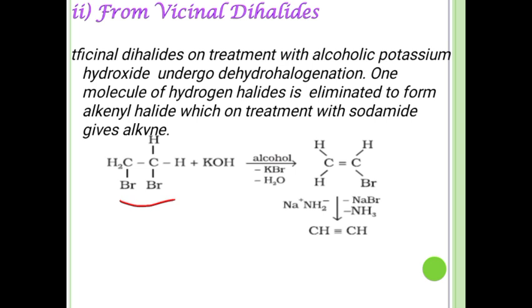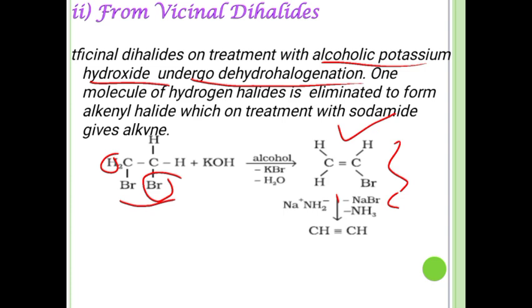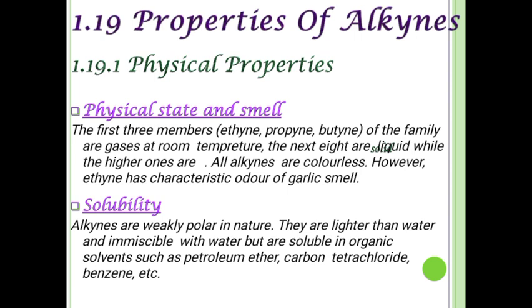If treated with alcoholic potassium hydroxide, they undergo dehydrohalogenation. So one halogen will be removed and one hydrogen will be removed in the first step. In the second step, first we get an alkene, and then it undergoes the reaction again, and we get a triple bonded compound.